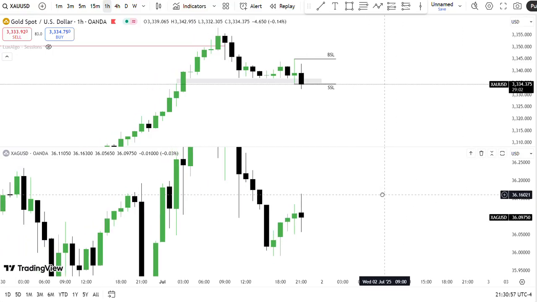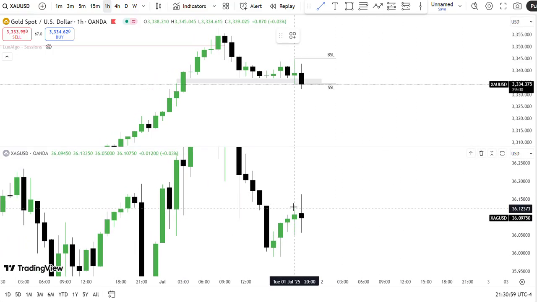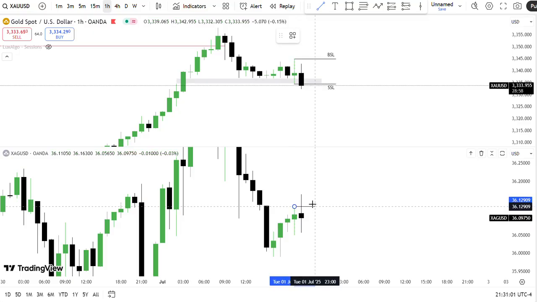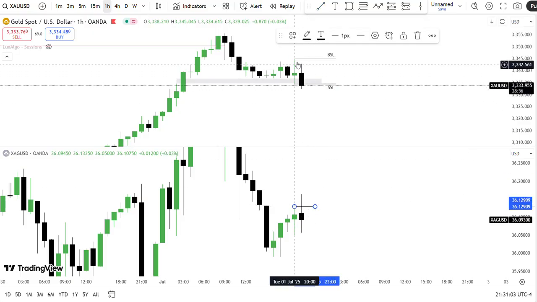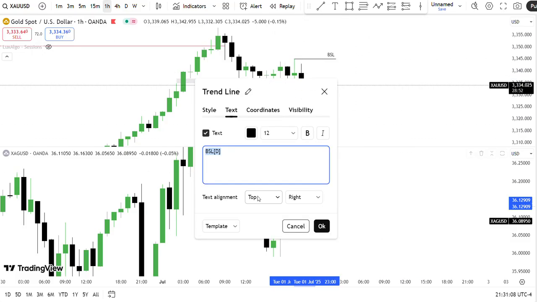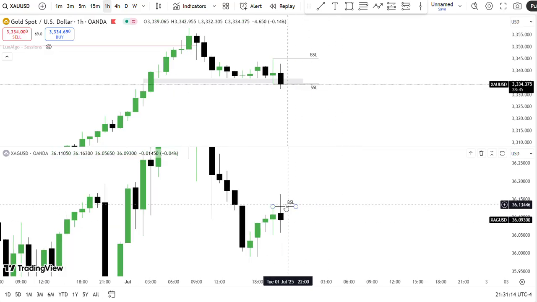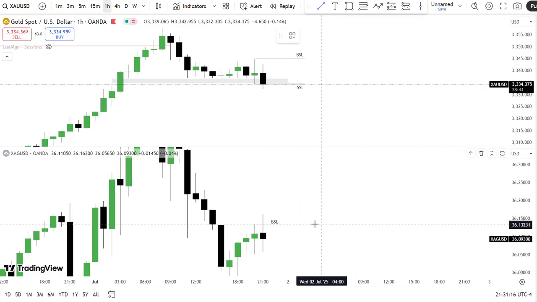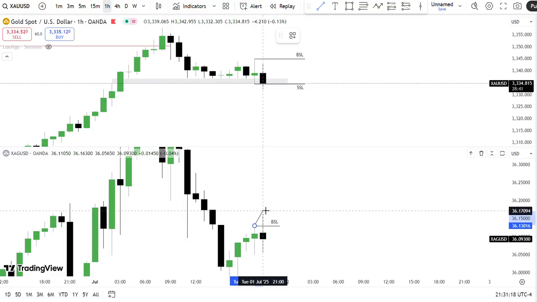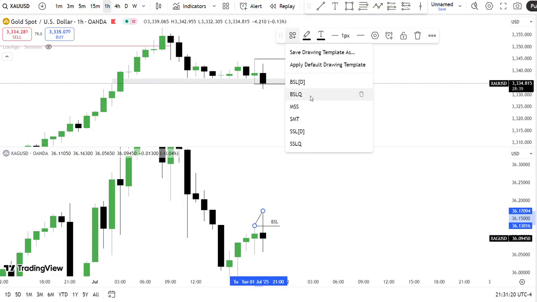What did the market do here? The market swept this high. So we call this SMT, right? This is the buy side liquidity of 1 hour. Right, in the higher time frame, it is the high of the 8 p.m. candle. But in silver the market broke out of this, that we call as SMT, right?